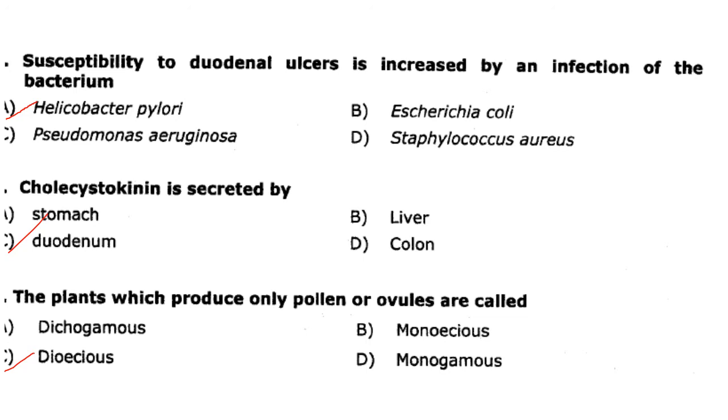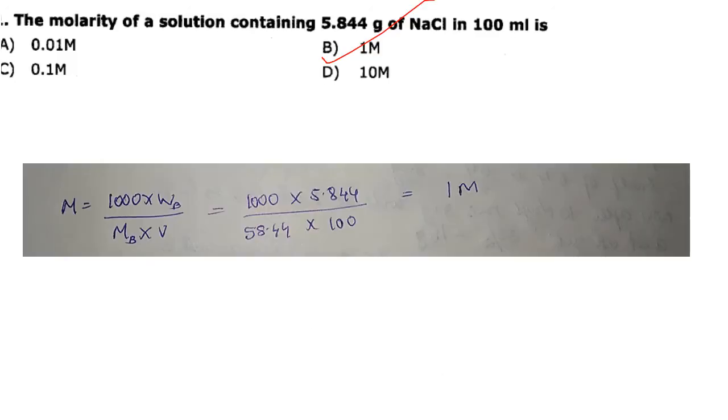It is caused by bacterium Helicobacter pylori. Cholecystokinin is secreted by the duodenum. The plants which produce only pollen or ovules are called as dioecious plants. Option C.